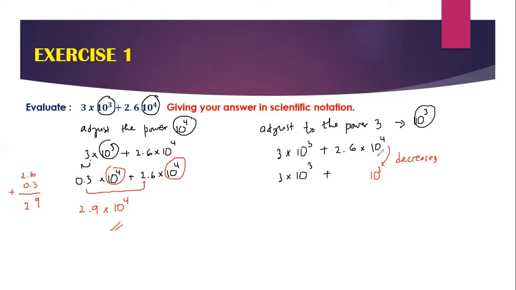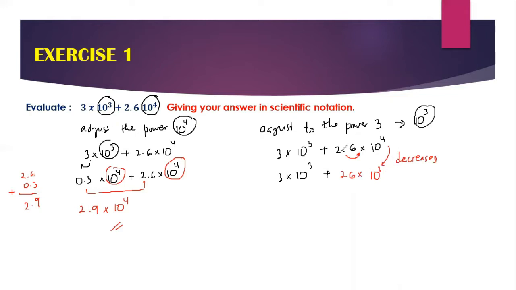So remember the rule, when the power decreases, the decimal will move right. So the decimal will move right one step here. So it will be 26 times 10 to the power 3.